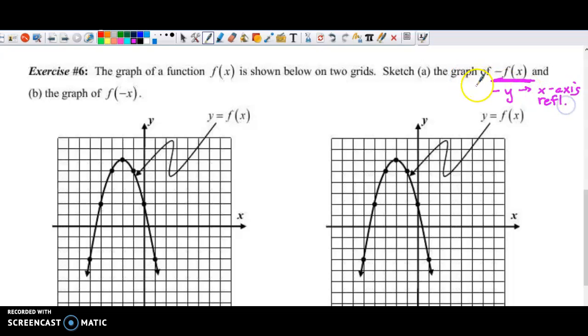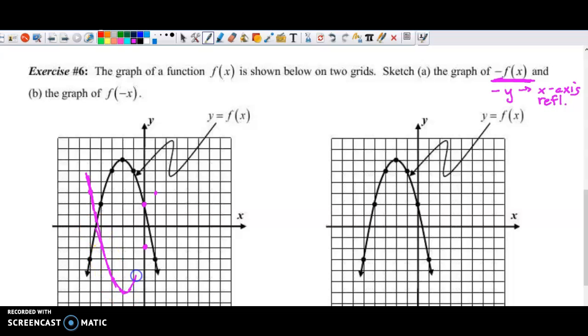I'm writing it over there because I'm going to have to write my answer on this side. So this 0, 2 is going to go below the x-axis, 0, negative 2. 3 units below, it's going to end up 3 units above. Let's see, we have 1, 2, 3, 4, 5 above. So it's got to be 1, 2, 3, 4, 5 below. Here, here, here, here, and then also over here.